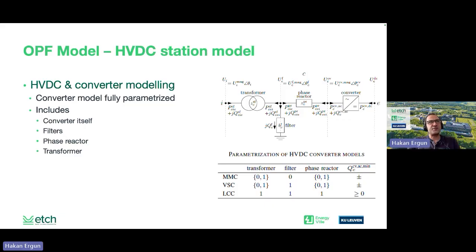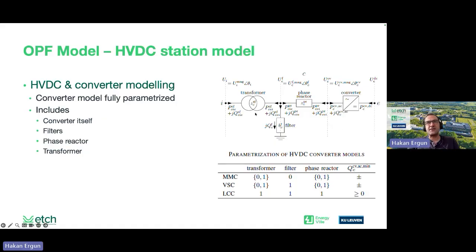Then for the converter station model, we use a parametrized model, basically where we have the model of a transformer, then a filter that is going to consist of an inductive and a capacitive part, and then eventually the power electronic converter in itself.